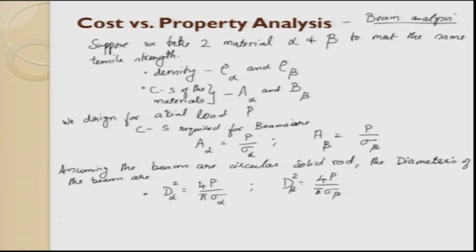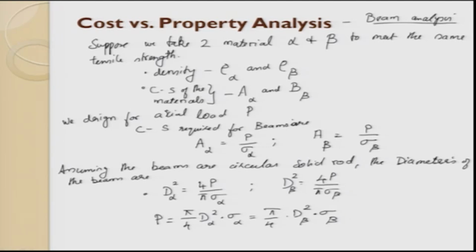Now what we have to do is reconvert this, because it is for finding out for the same load. So for the same load, I can rewrite the equation as pi by 4 d alpha square into sigma alpha equal to pi by 4 d beta square into sigma beta.